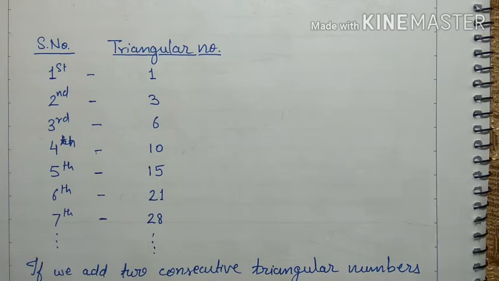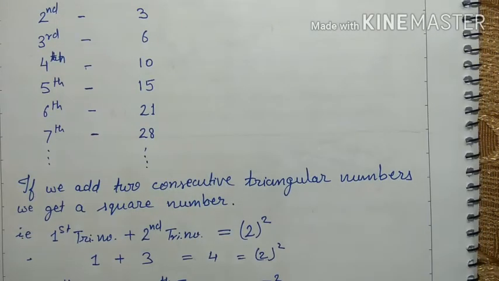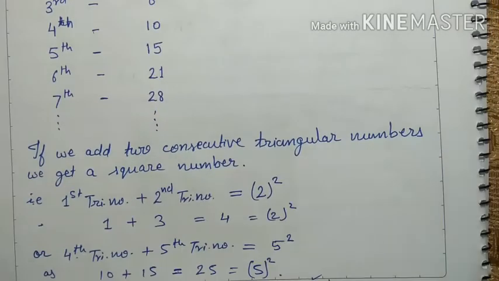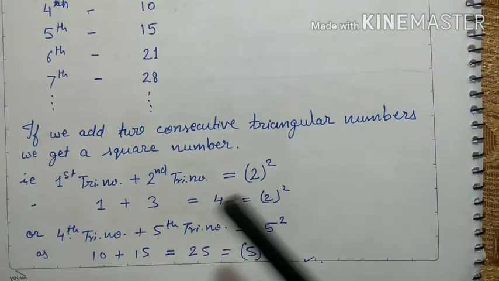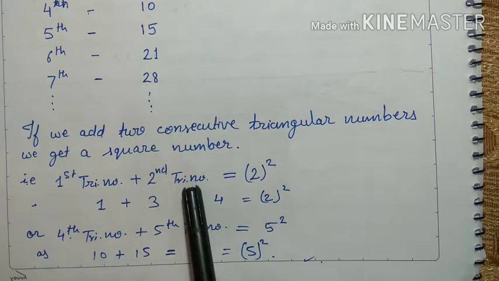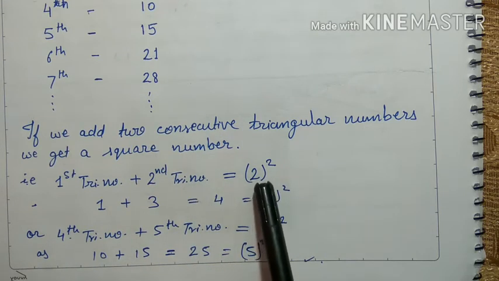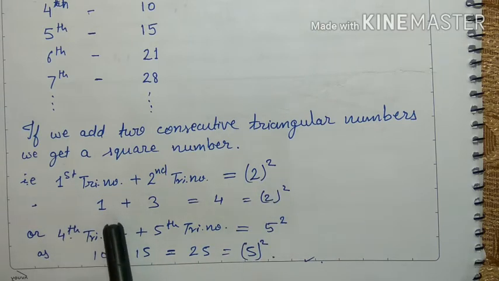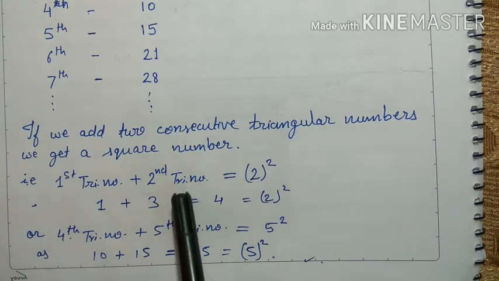Let us check this. If we add the first triangular number and the second triangular number, we will get a result equal to 2 square, as the first triangular number is 1 and the second triangular number is 3.